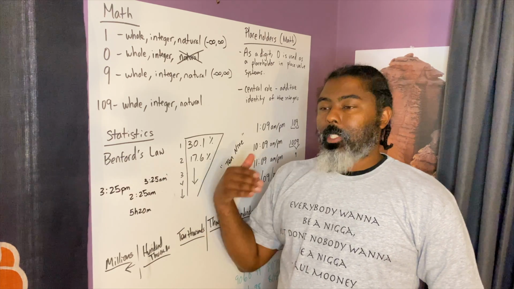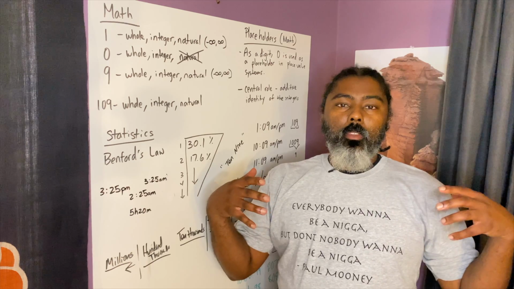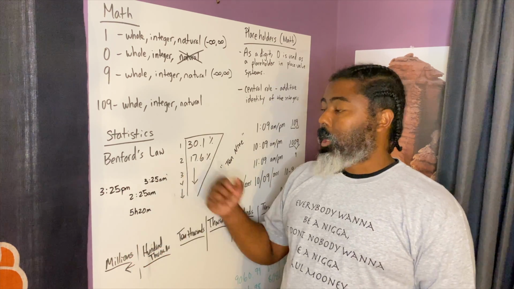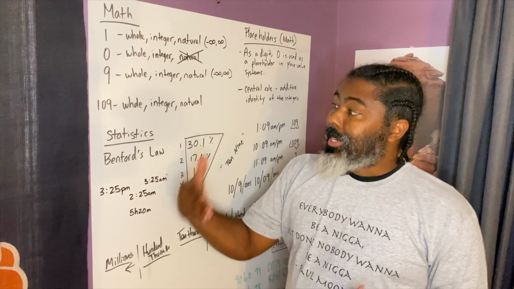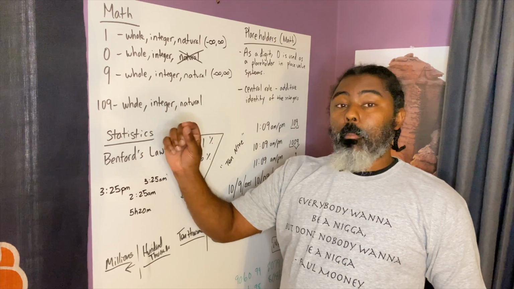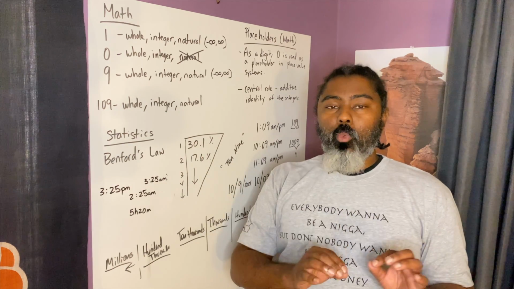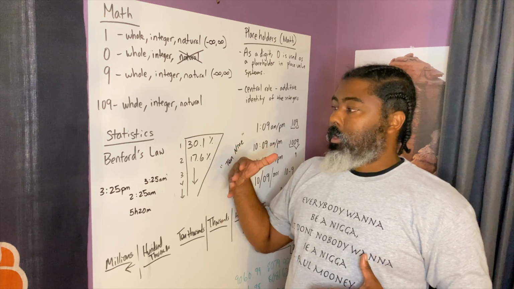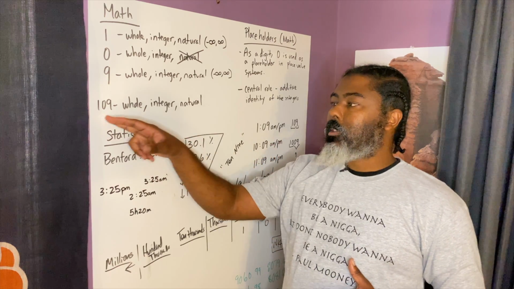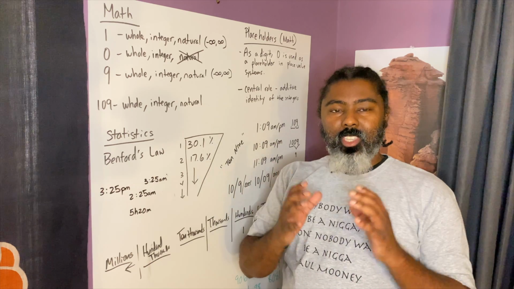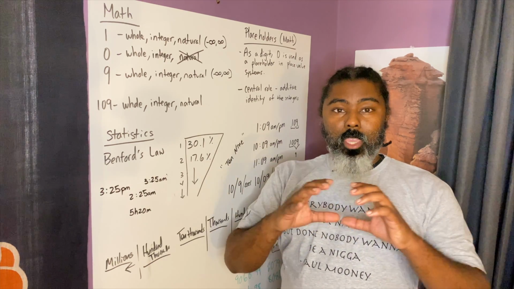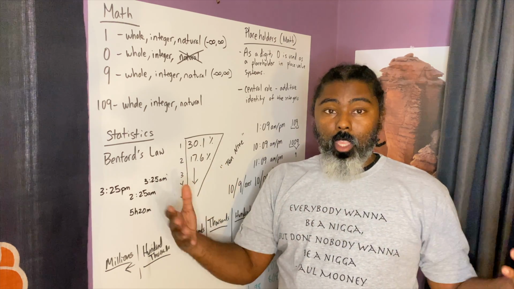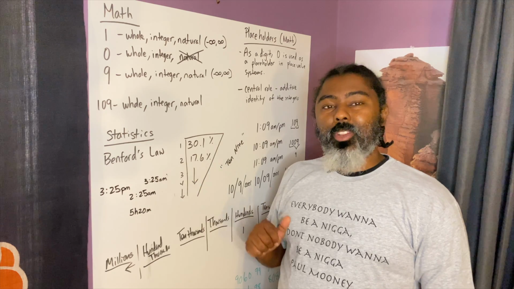But Benford's Law says that at least 30% of the numbers that you will find naturally will begin with the number 1. Now, the number 1, 0, and 9 in that sequence, those are 3 numbers. So the likelihood of these numbers, 1, 0, and 9 put together, being discovered in nature, is going to be less than 30%.